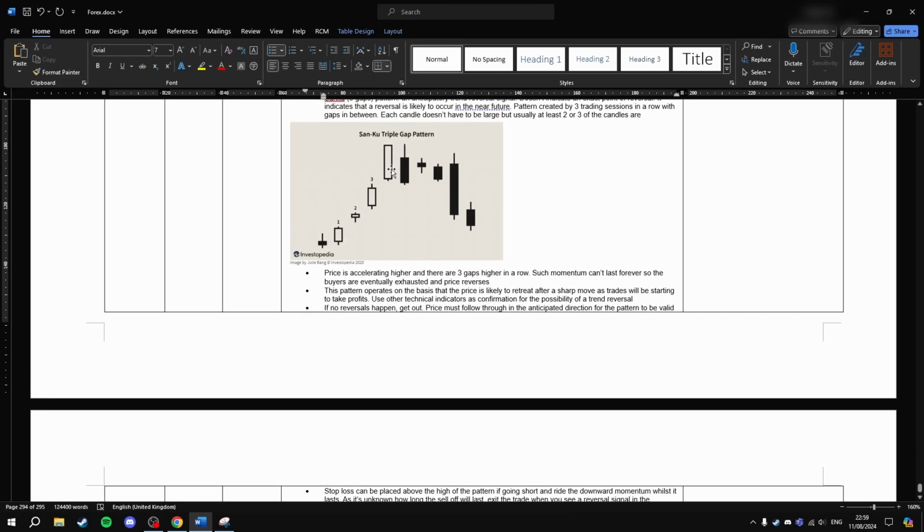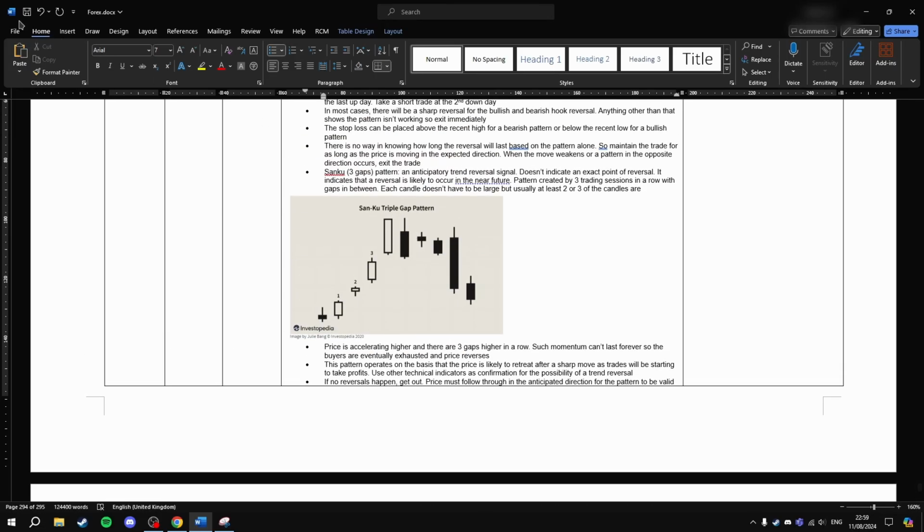But then there's another one. How do you know how long? Because this pattern doesn't tell you when the reversal is going to happen. It just indicates that a reversal is likely in the near future. What if the price kept climbing up and you don't know when exactly it's going to go down?